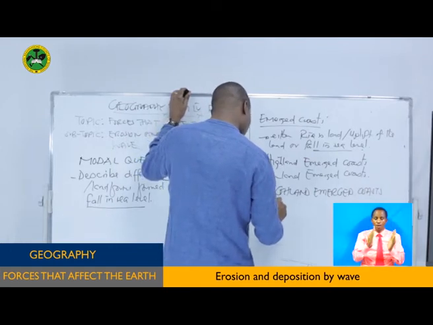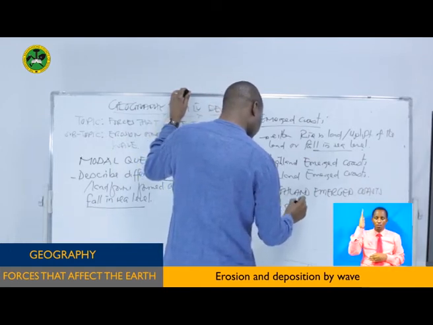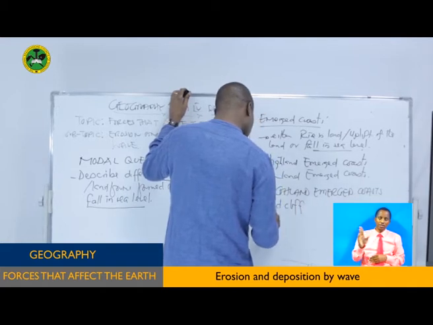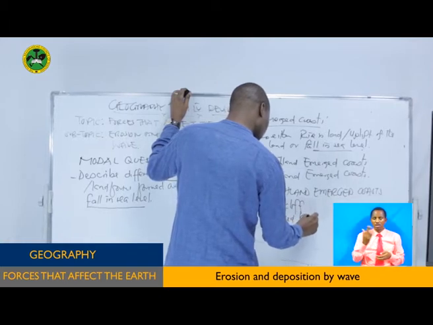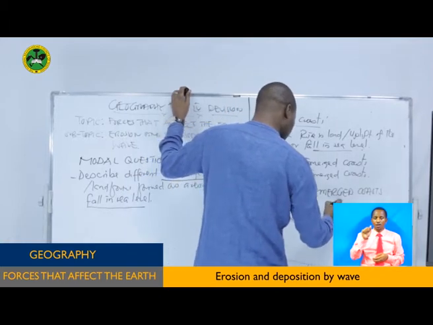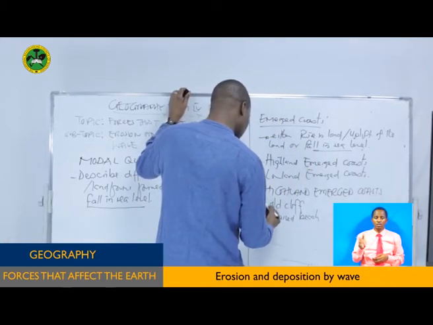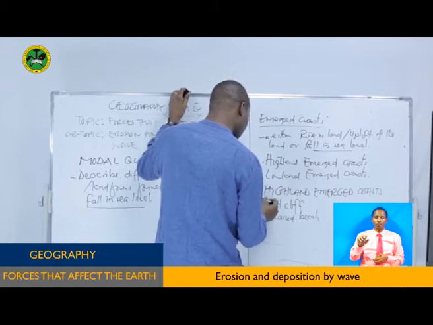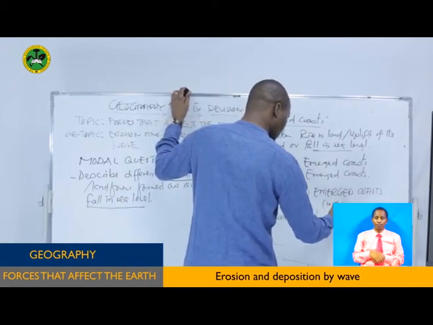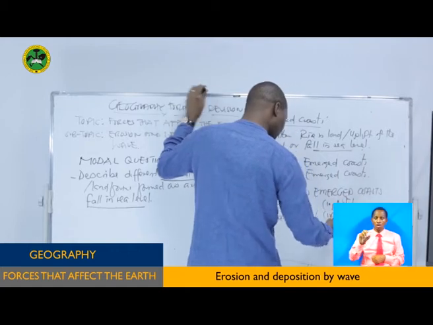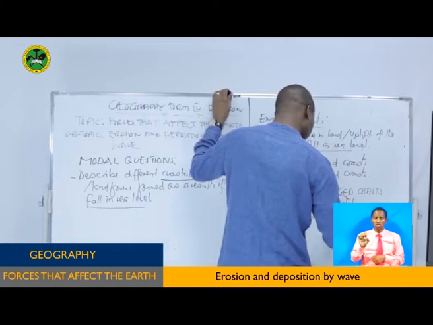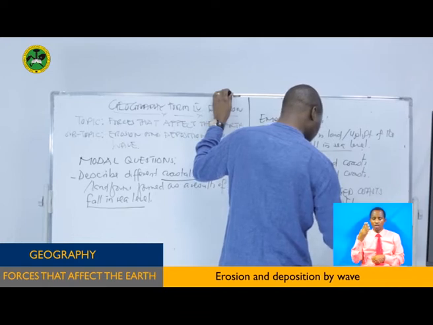See, in the highland emerged coast, you are going to see the following features. The first one, we call it the old cliff. The second one, the raised beach. The third one, the notches. The fourth one, the wave cut platform.